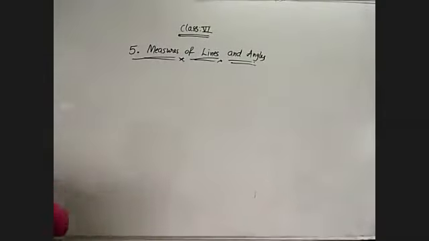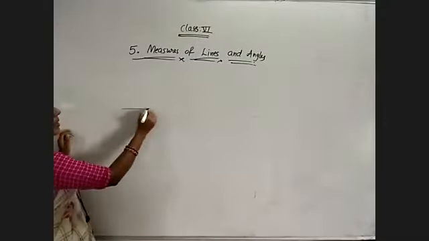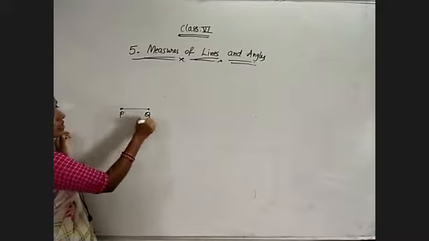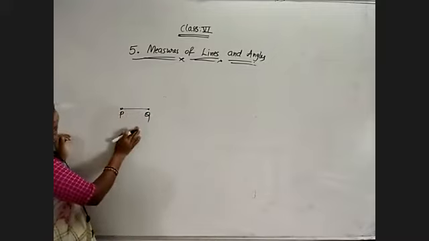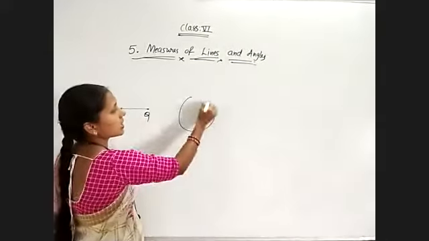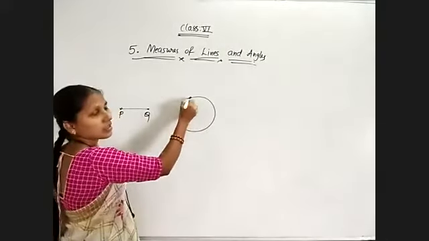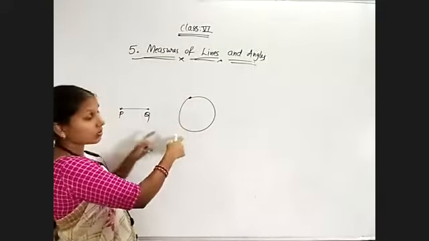See, to draw this line segment, I can use a scale. That's it. But how can I draw this type of shape? Can I use a scale to draw this shape?